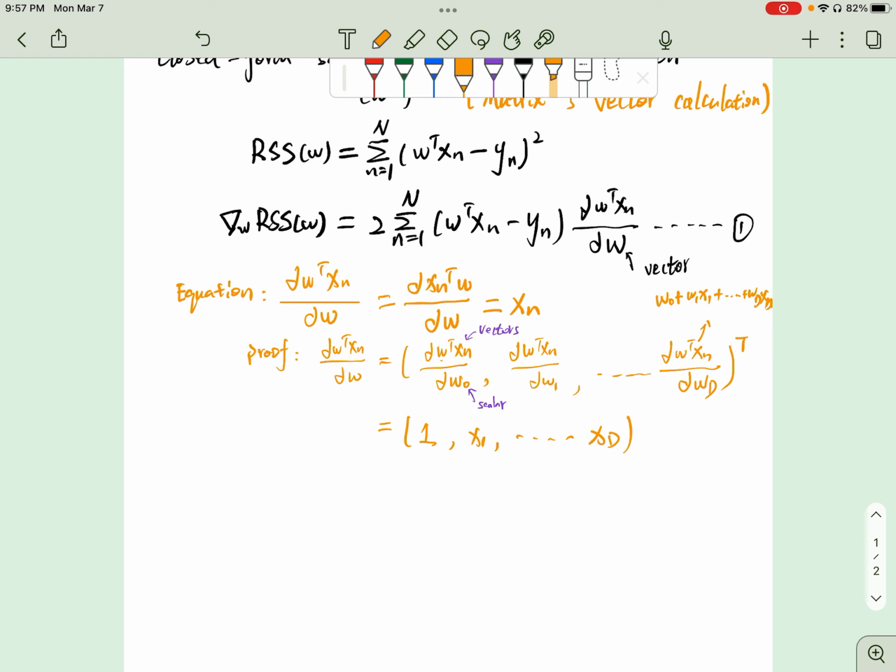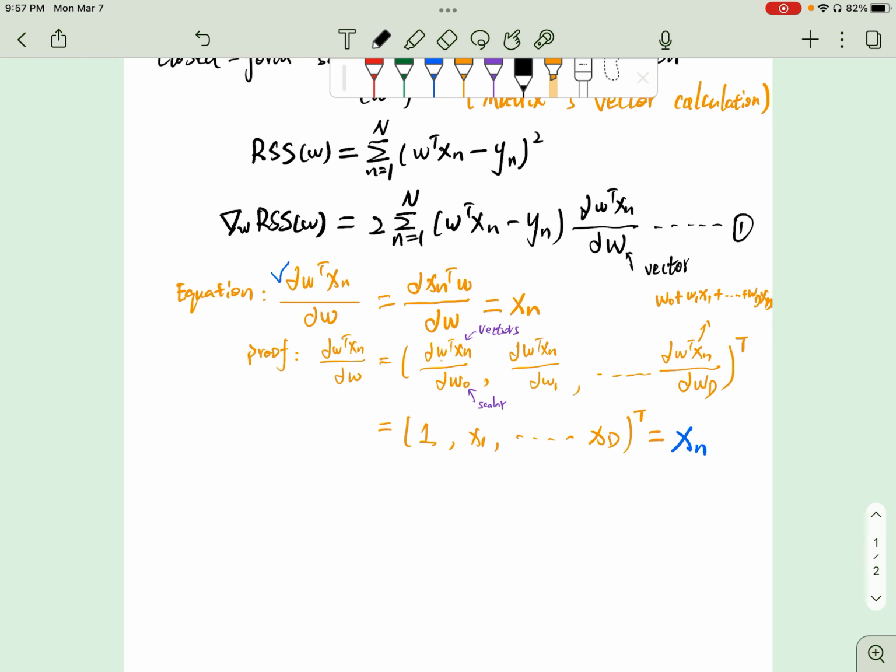Oh, I should put a transpose here because they are column vectors. And then you will find that this vector is nothing but xn, right? So this is just the feature vector of the nth sample. So I have proved that this equation is right.